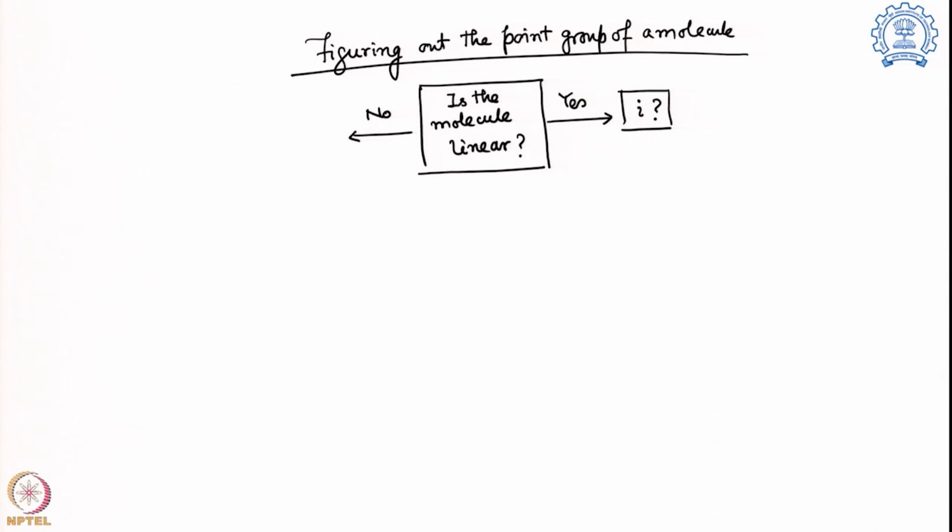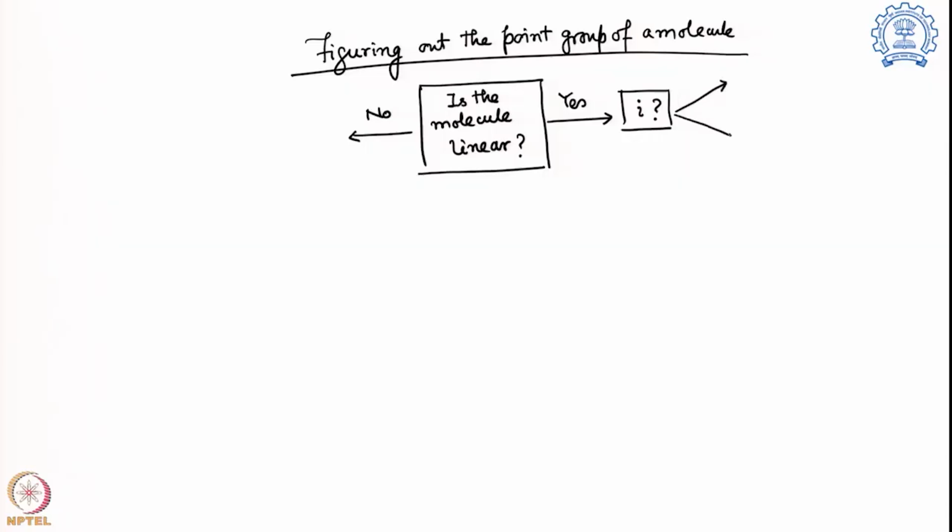The difference between these two is that D infinite h contains a center of symmetry, and C infinite V does not. In D infinite h, both sides of the line are similar, it is a centrosymmetric molecule, whereas in C infinite V it is linear, but the two terminals are not the same. With respect to this question, I can separate them out. If the answer is yes, I am going to have a D infinite h point group. If the answer is no, I am going to have a C infinite V point group. So, that is pretty easy.